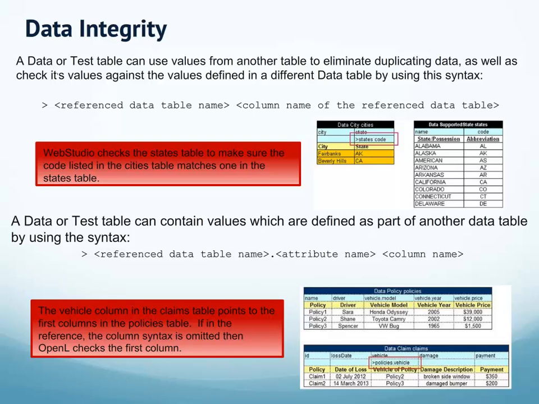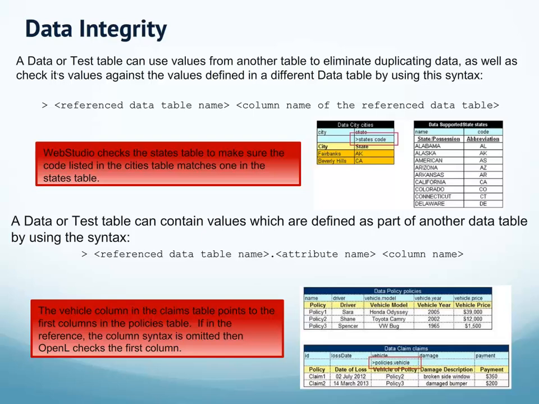We have 2 different methods here, and you'll want to reference the OpenL documentation for further listing of functionality and syntax. But first, a data table can check its values against values defined in a different data table by using the syntax here.